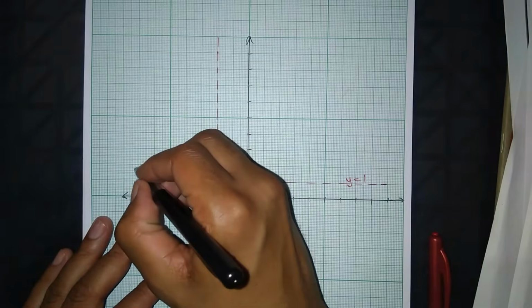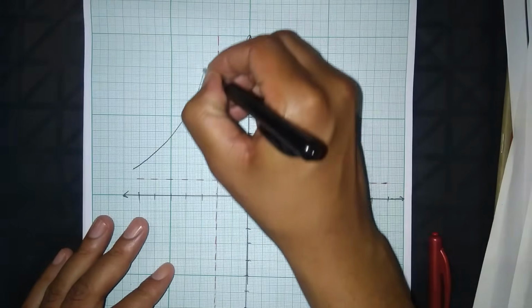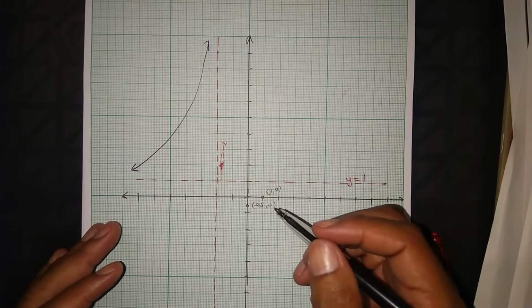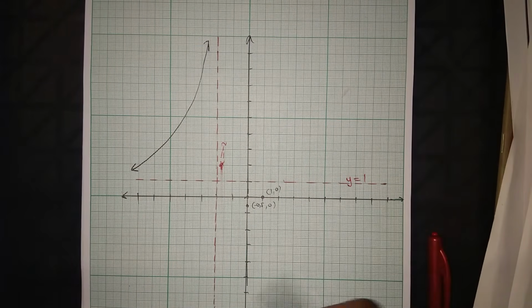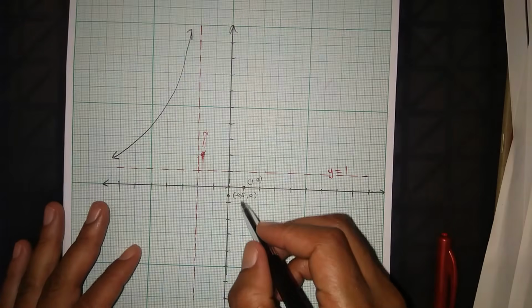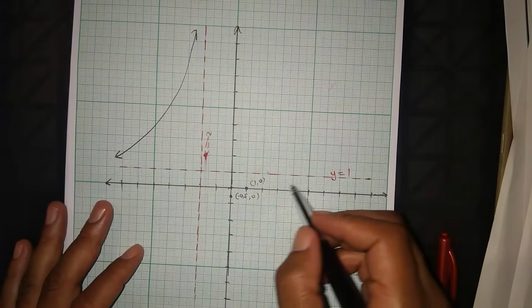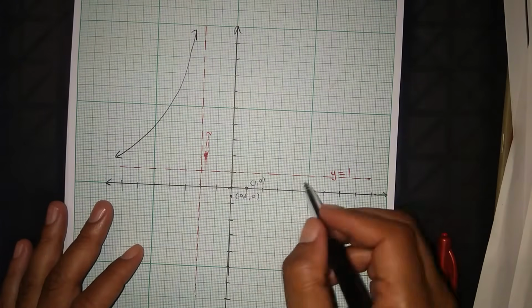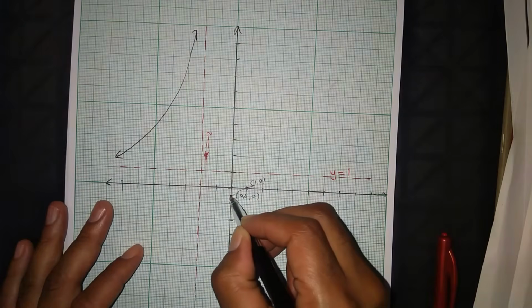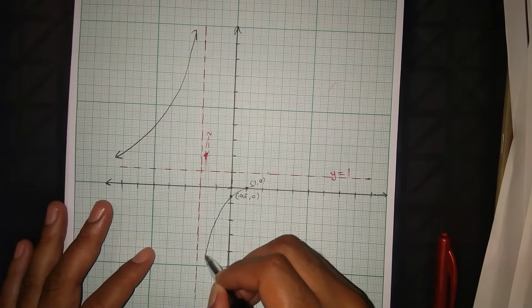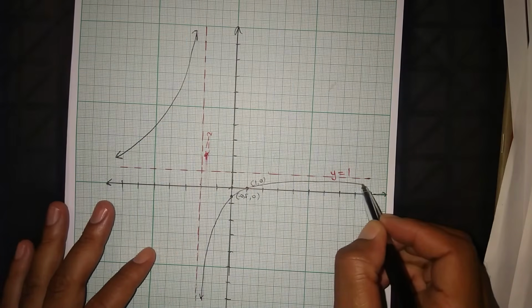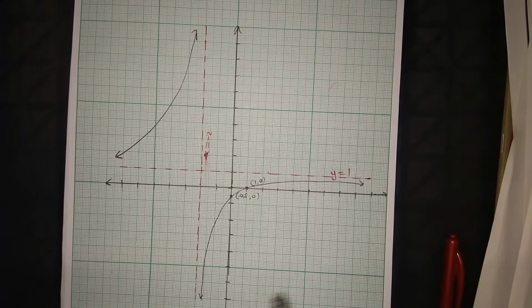So therefore my function will be in the second quadrant. This part doesn't have to be that accurate. And then the other quadrant, the fourth quadrant, is here, and our graph intersects the x as well as the y, and it must not touch the asymptotes.